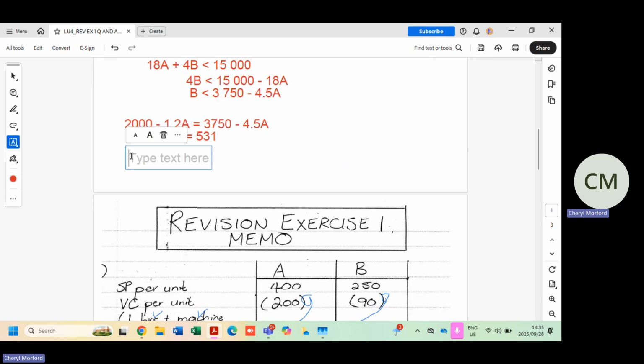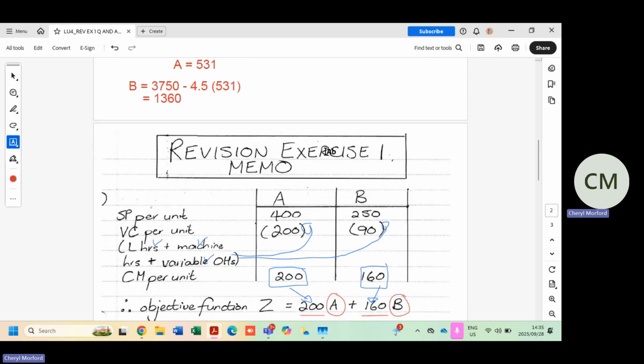So B is equal to the 3,750 minus the 4.5, and I'm going to put in the value of A in the bracket, which is 531. And if I simplify, I'm going to land up with B is equal to 1,360 units.